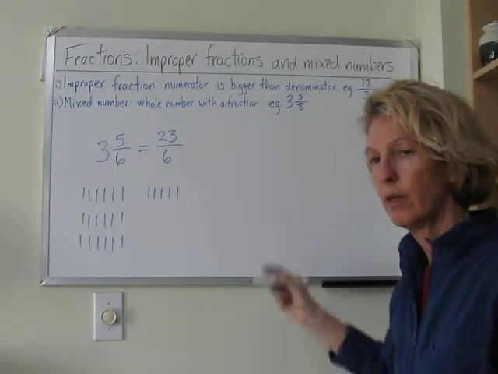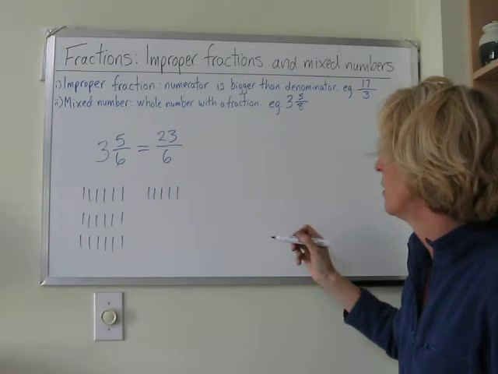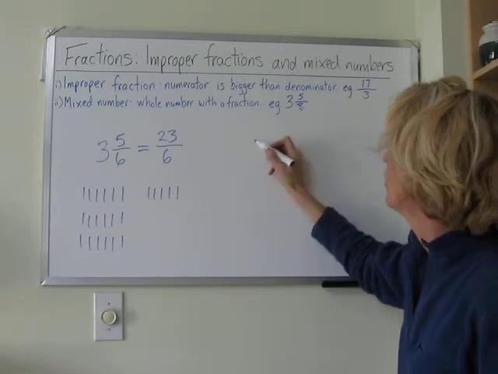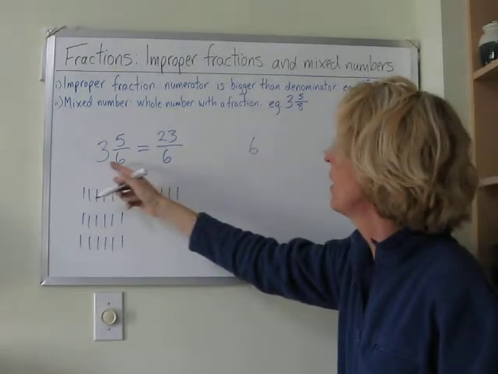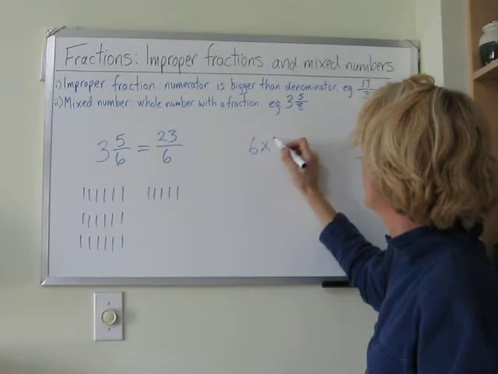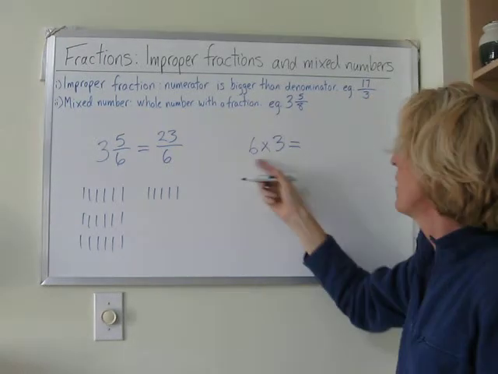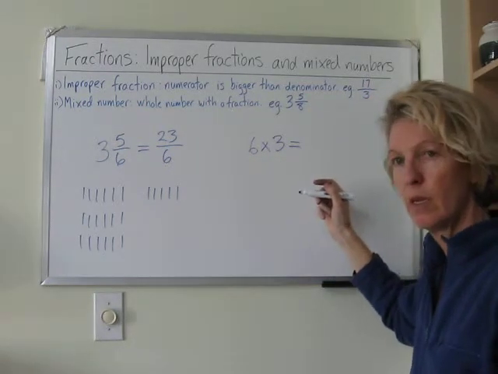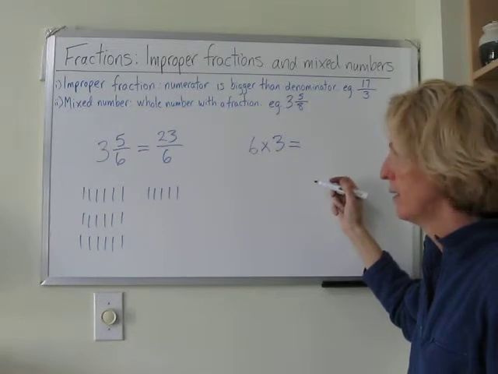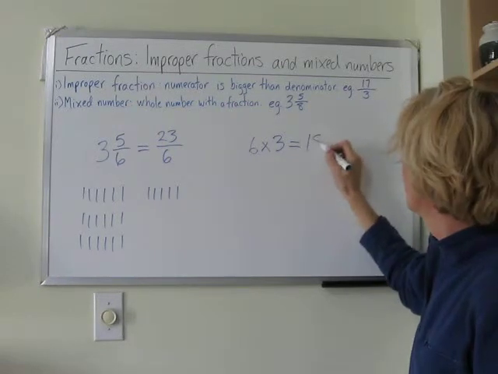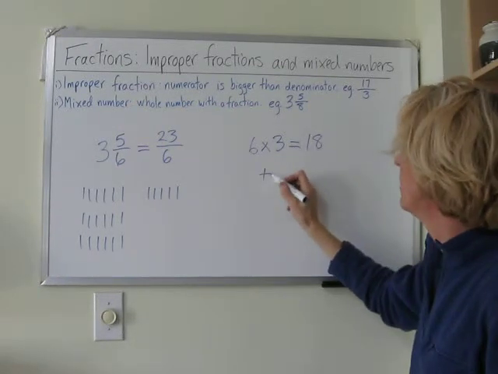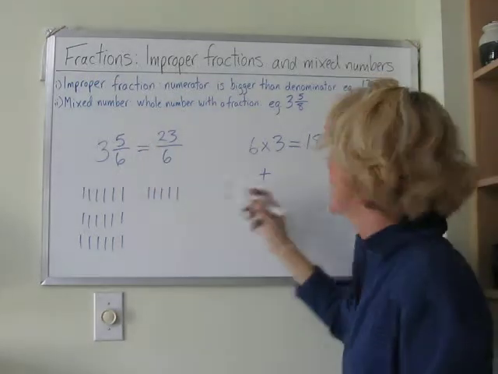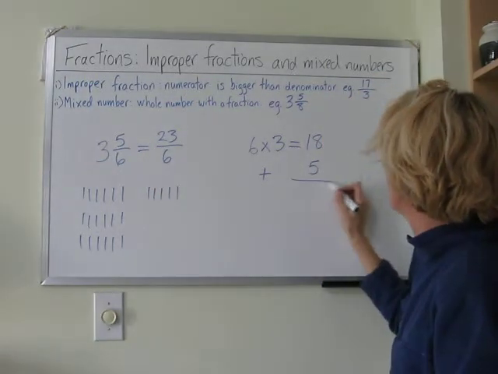Well, first of all, we have to multiply 6 times 3. Good. We have our denominator and we multiply it by our whole number. 6 times 3? 18. And then what do we add on? 5. Add on our numerator, because that is our remainder.